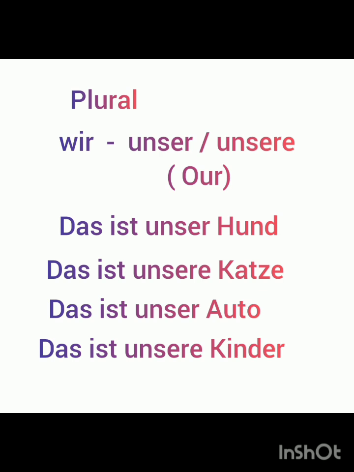Hund is masculine, so we use unser. Hund means dog. Katze is feminine, so unsere, and Auto is neuter, so unser, and finally Kinder is plural, so we use unsere. Katze is die Katze, which means cat.